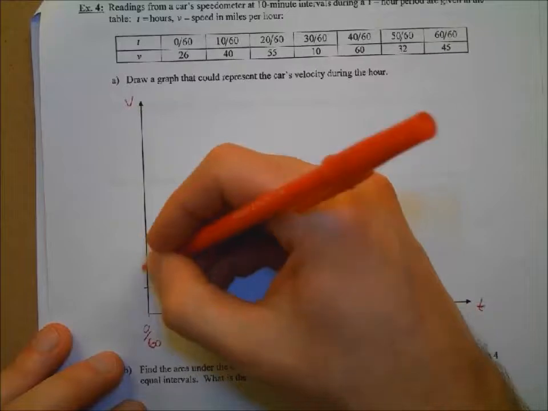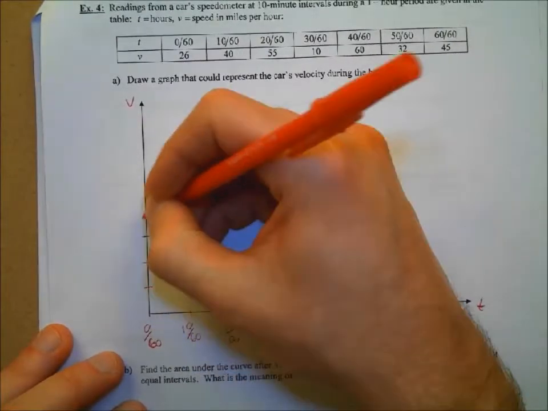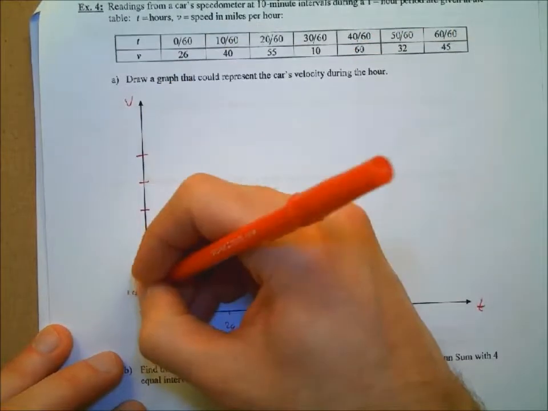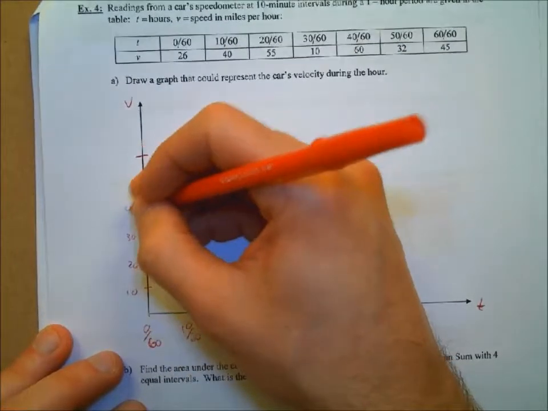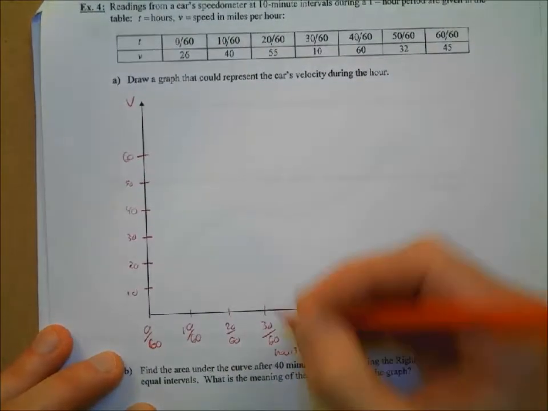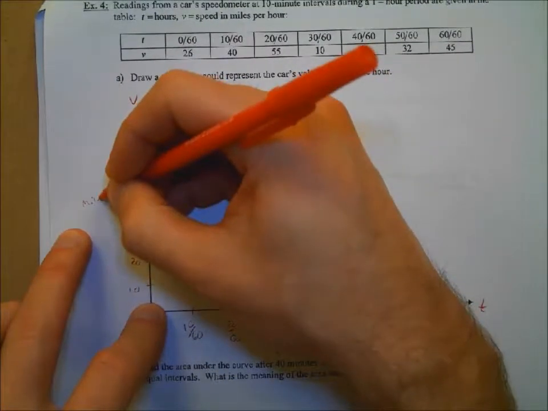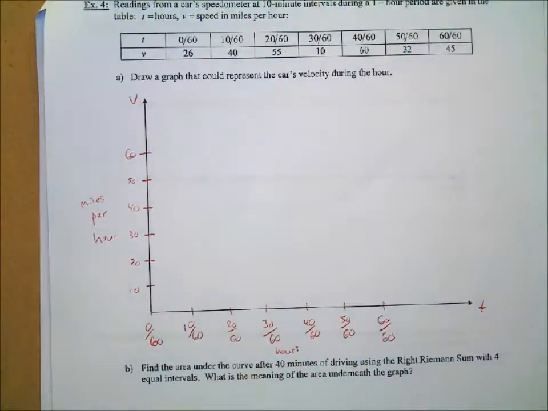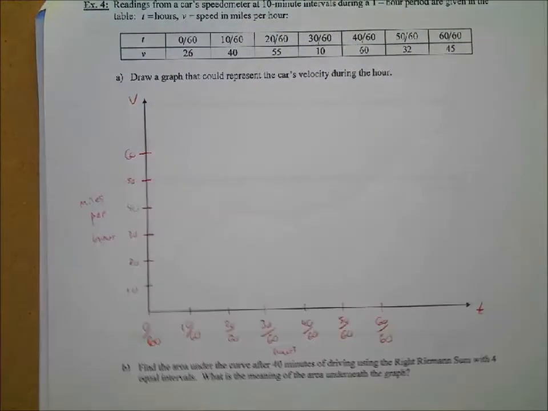40, 50, 60. Just make ourselves a graph.